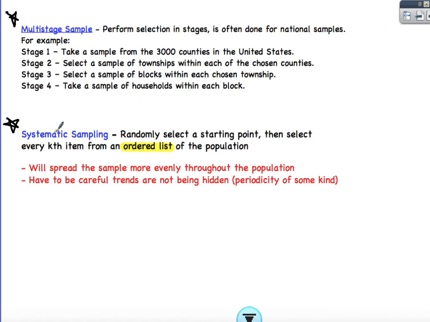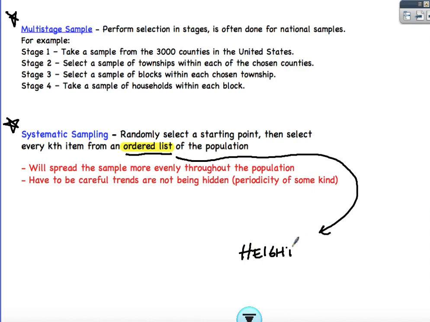Systematic does usually come up on the AP test. They like to throw curveballs at you and make you think it's systematic when it's not. First of all, you have to have an ordered list. So maybe you order people by height, let's say. Or maybe you order people by age. But it has to have some sort of order to it.